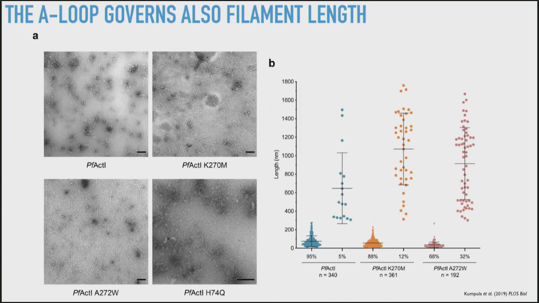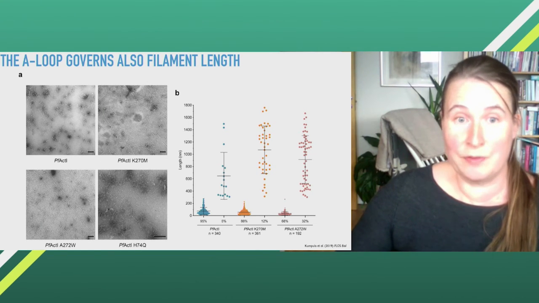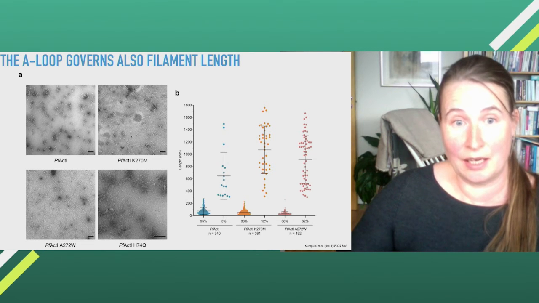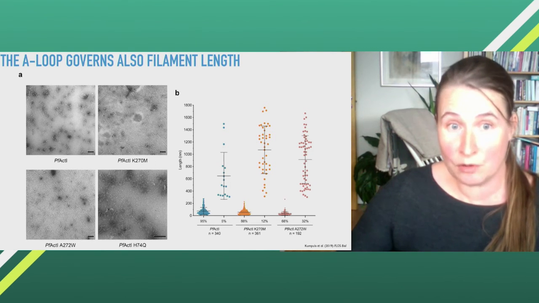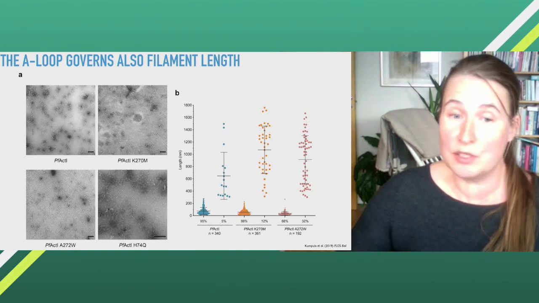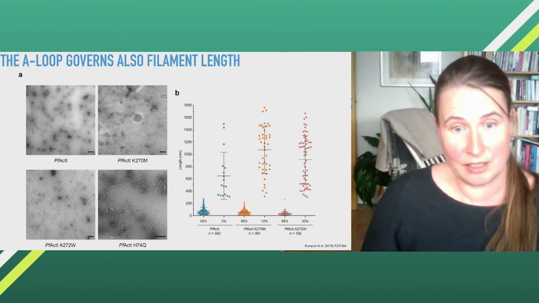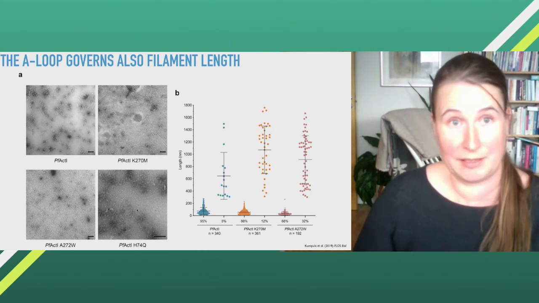We also looked into what the A-loop mutants do for the filament length. And whereas the wild type actin, the parasite actin, mainly forms very, very short filaments and only a couple of very long filaments, we saw that, like we would have expected, this mutant, which is hyperactive, forms long filaments, they are more stable, and this mutant, which is catalytically almost dead, doesn't form filaments at all, or some very short filaments.